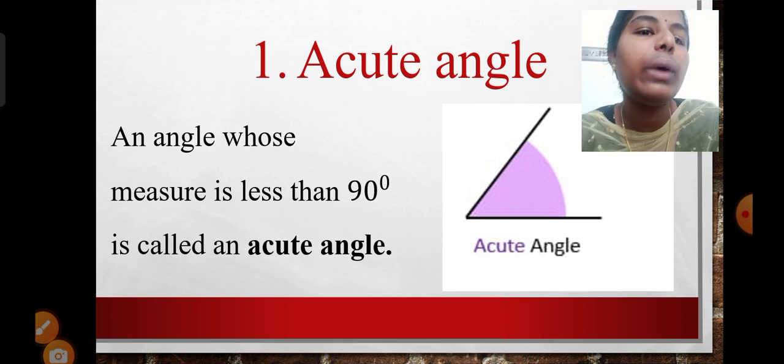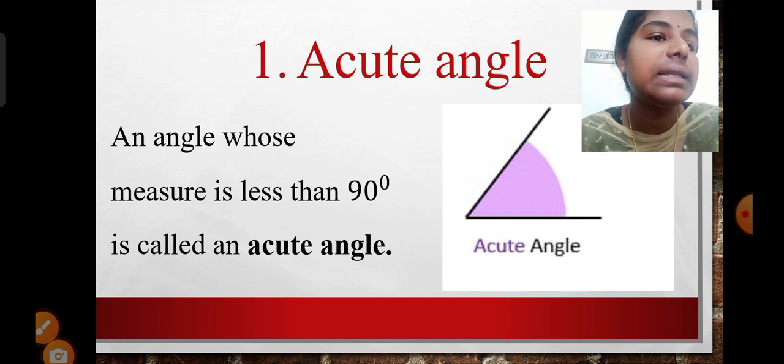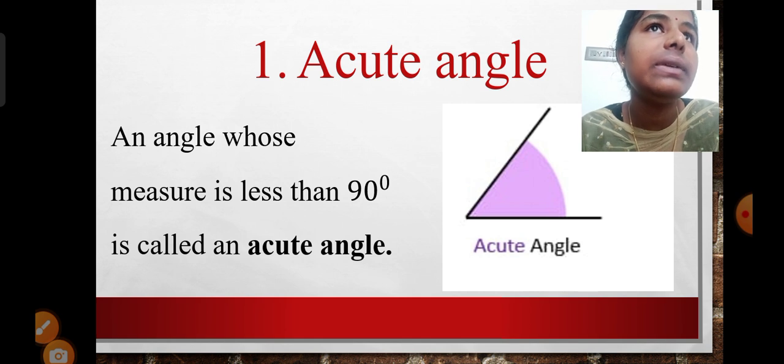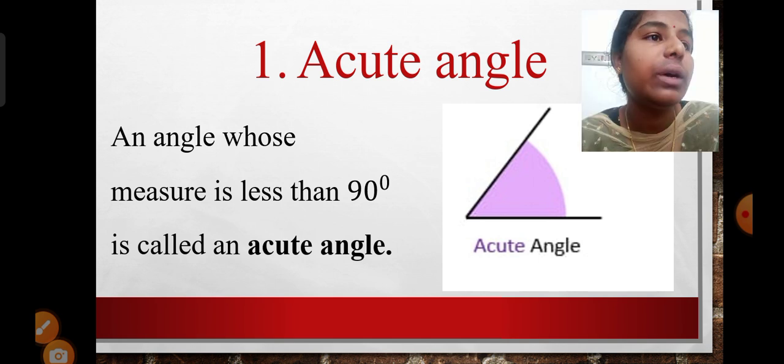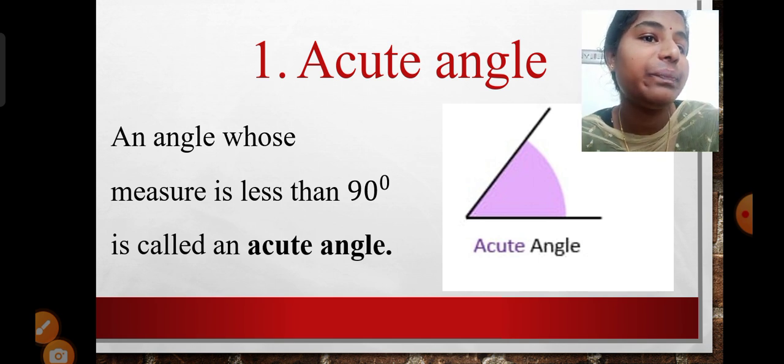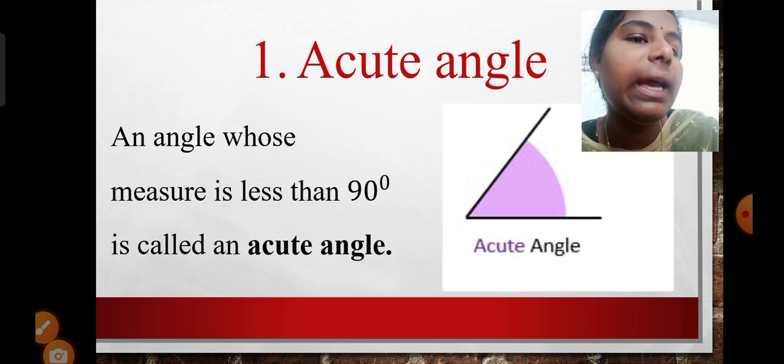Some examples are 25 degrees, 45 degrees, 80 degrees, 89 degrees. Not exactly 90 degrees, but less than 90 degrees while measuring.